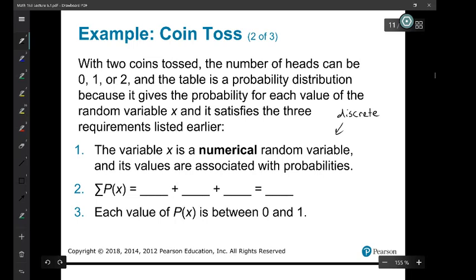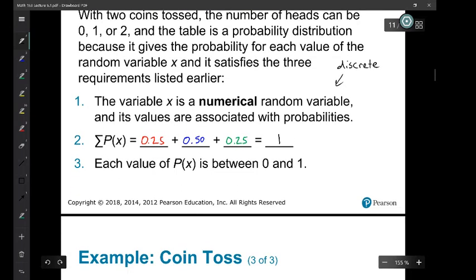The sum of the probabilities from our table is 0.25, 0.50, and 0.25, which do indeed sum up to 1. Remember that capital sigma notation means sum, addition. And each of these probabilities is between 0 and 1.